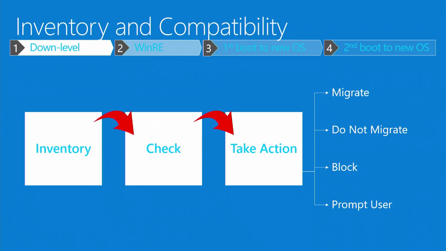There are some issues that we know about that aren't the end of the world. That maybe an application after the upgrade requires updating or requires reinstallation or something like that. So there are soft blocks in place as well. Those soft blocks really will just prompt the user and say, we found these issues. Do you want to proceed anyway? A good example of that one is Media Center.